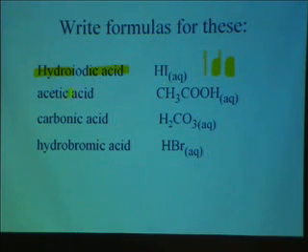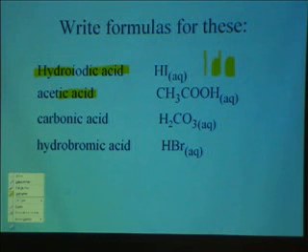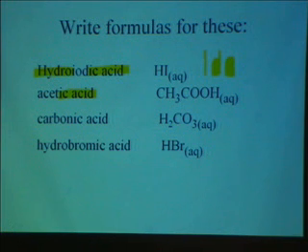There's no hydro in front of it. That is the second row of the table, which means it had to have an ATE ending. So that is acetate. Acetate is CH3COO, and this is an example of where the H goes on at the end.